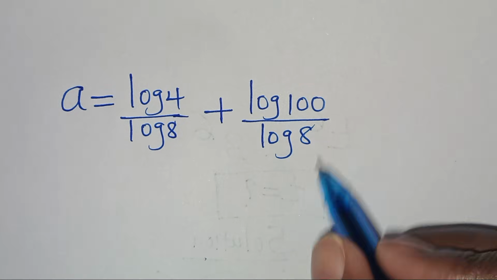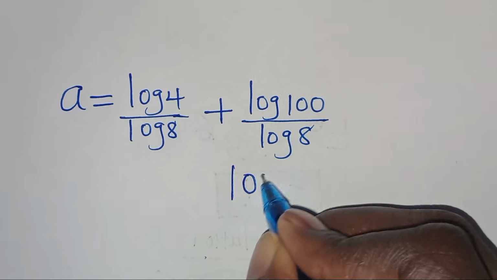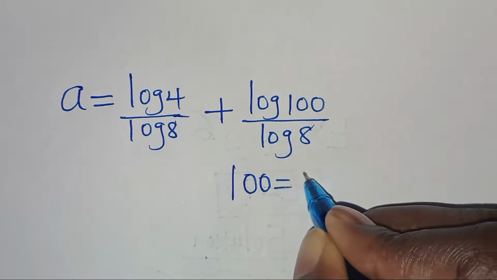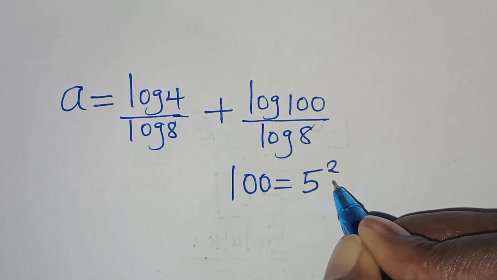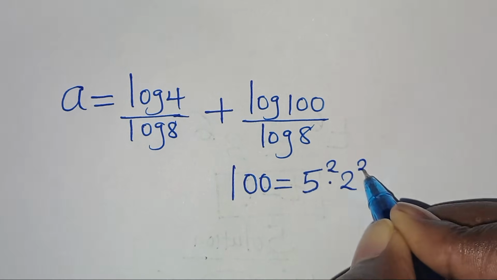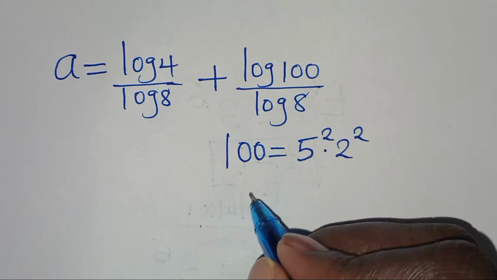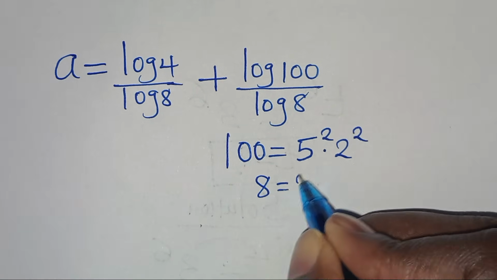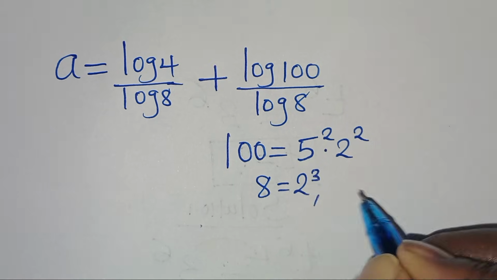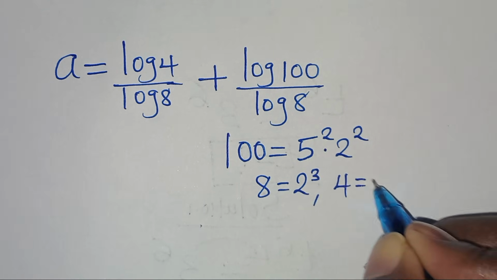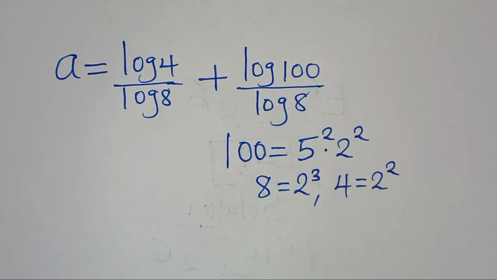Now, the next step from here, we can express 100 as 5 to the power of 2 times 2 to the power of 2. And we can express 8 as 2 to the power of 3, and 4 as 2 to the power of 2.